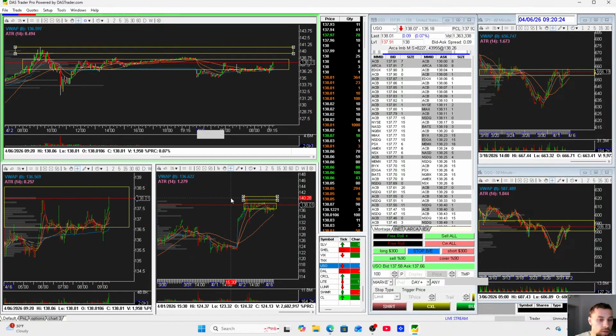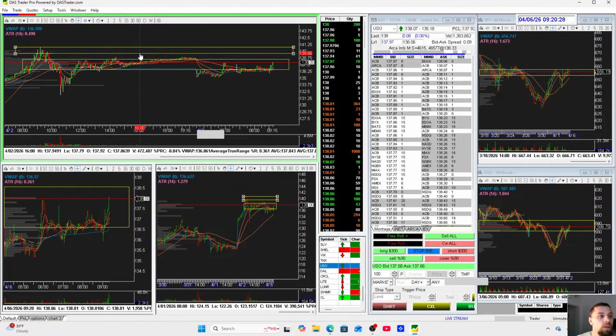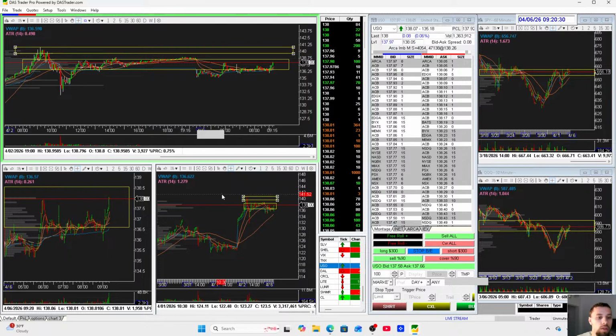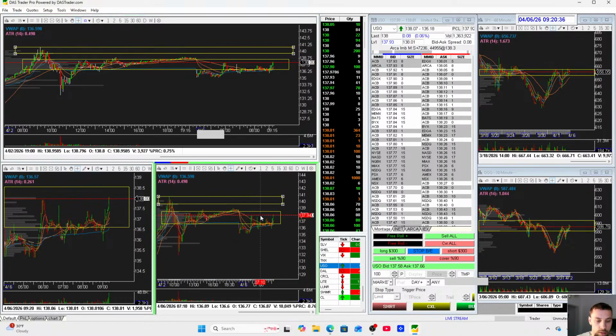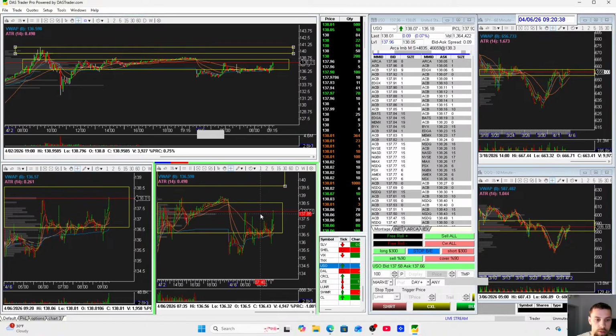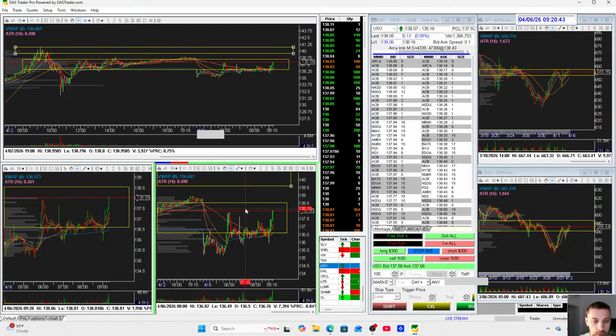Then we also have that range above. Okay, that looks good to me.